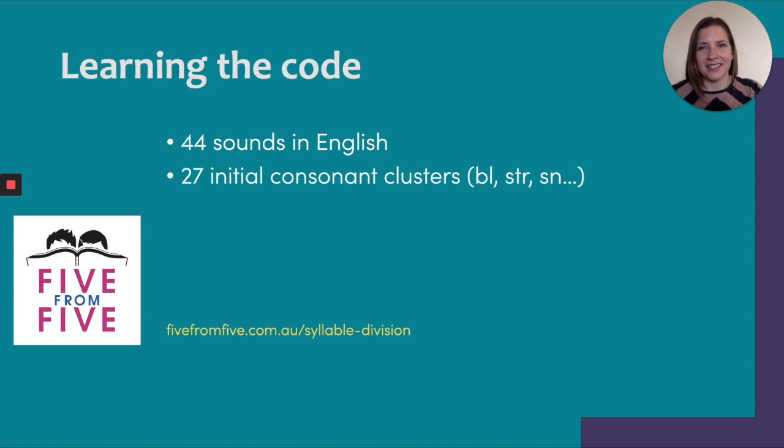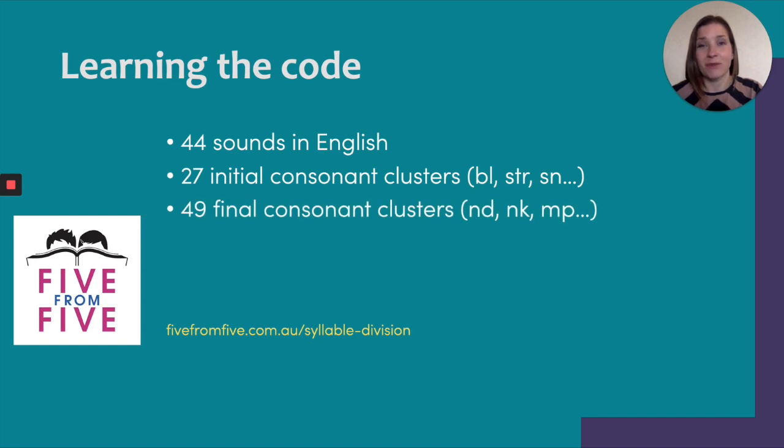In spelling, there are 27 initial consonant clusters in English, and there are 49 final consonant clusters in English, so letters that can be combined at the ends of words, like nd in hand, or nk in skunk, mp in jump.